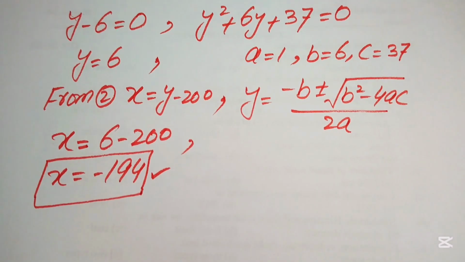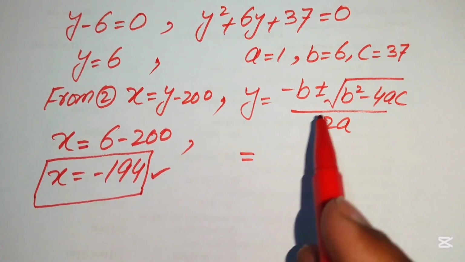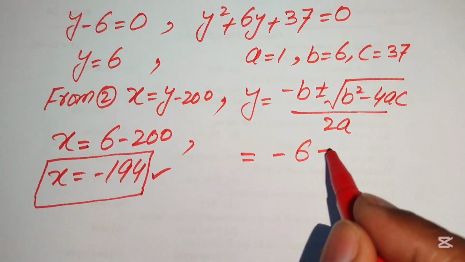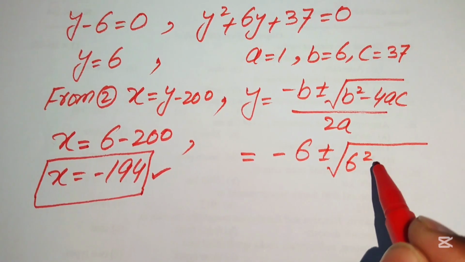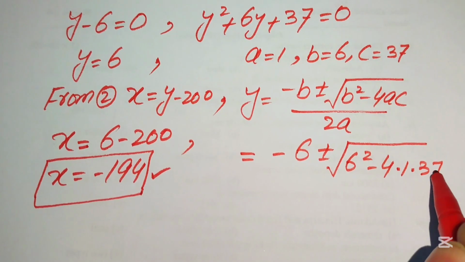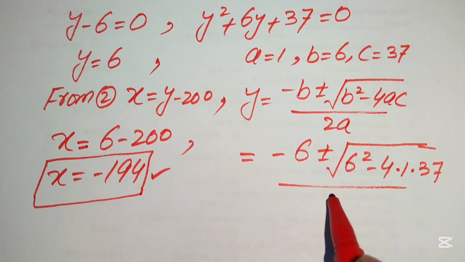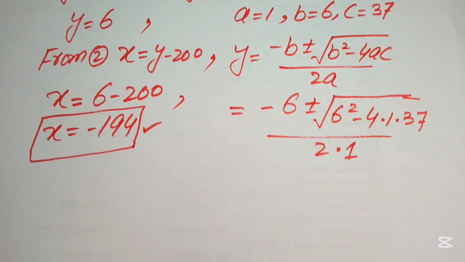This is our quadratic formula, and here we need to substitute the values of a, b, and c, and it will be written as minus 6 plus minus square root of b square, b is 6 square, minus 4 times a is 1, and c is 37, and it is divided by 2 times a, so here our a is 1.